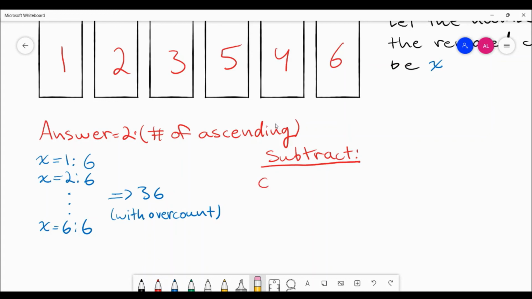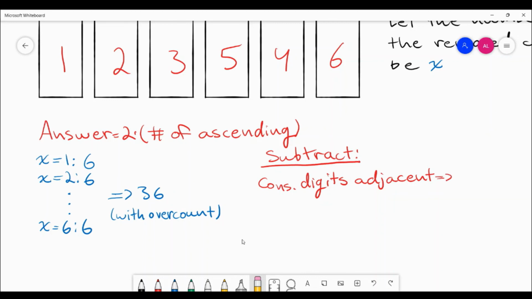And also, we overcounted when we have consecutive digits that are adjacent. So for instance, let's take this arrangement. 1, 2, 3, 5, 4, 6. Here we can remove either the 5 to get an ascending arrangement, or the 4 also to get an ascending arrangement. So we counted this valid arrangement twice, once in the 5 case and once in the 4 case.